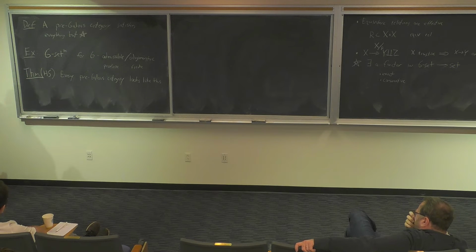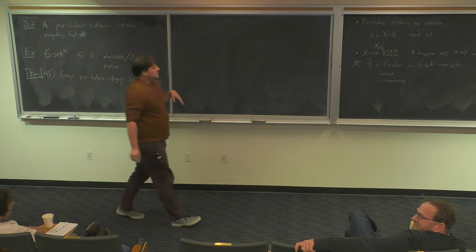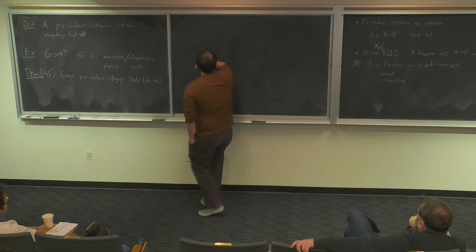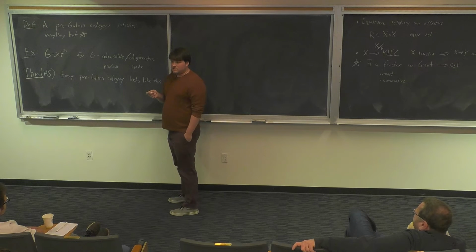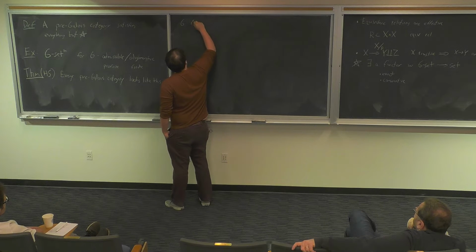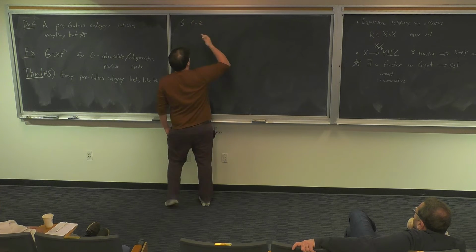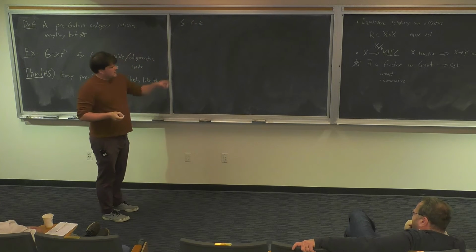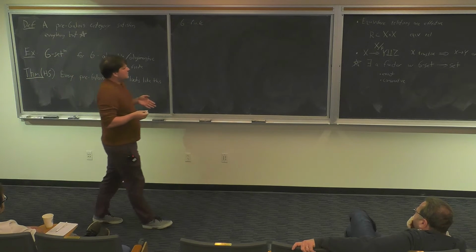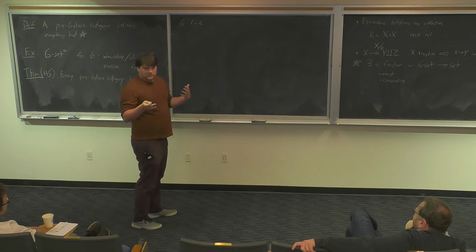I don't want to go through this too much, but I'll elaborate on how this works. Say that G is finite for now. If G is finite, the fiber functor to finite sets is the forgetful functor to sets.